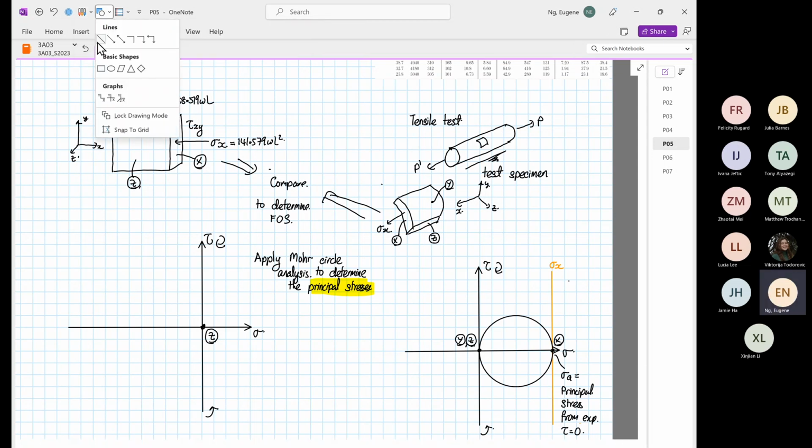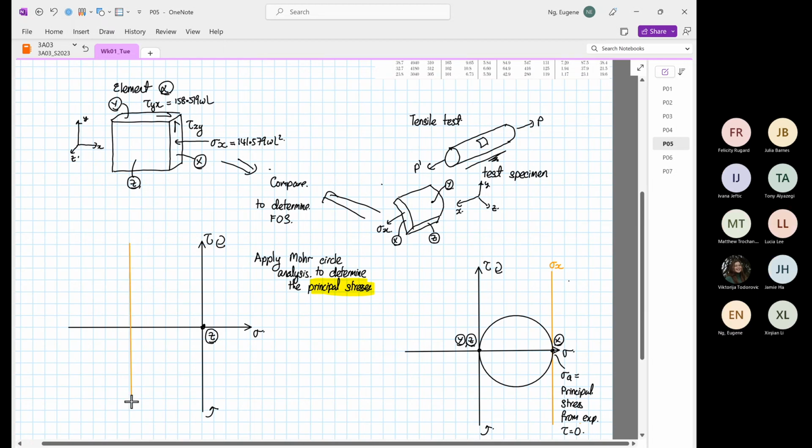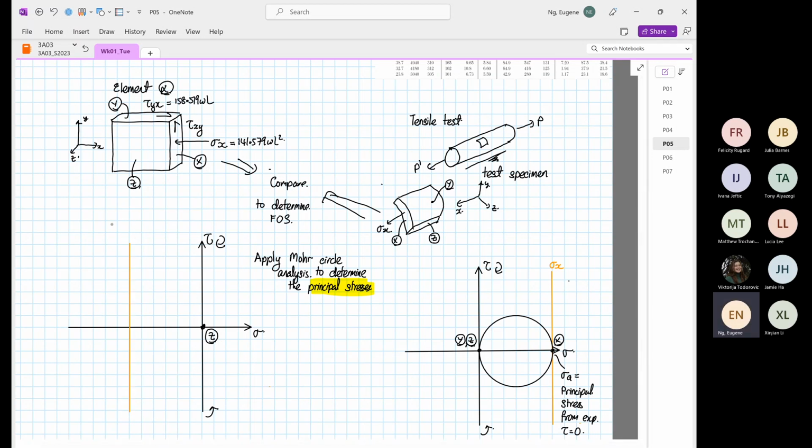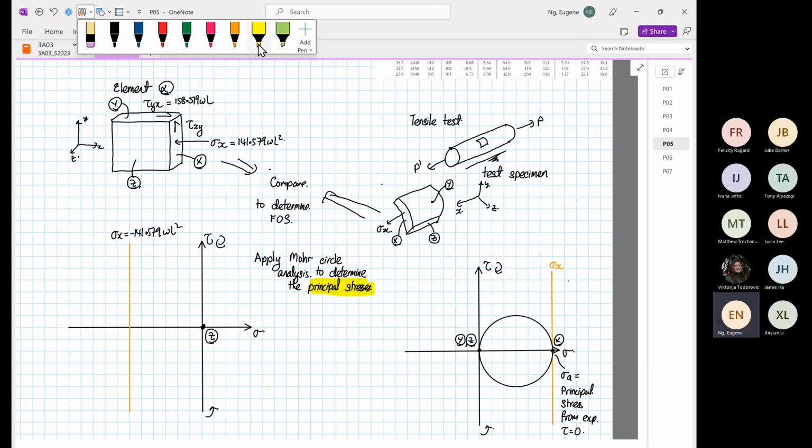So this is our stress X. So this stress X is equal to minus 141.579 omega L squared. Then we are going to sketch our shear line. So again, our shear line is over here.